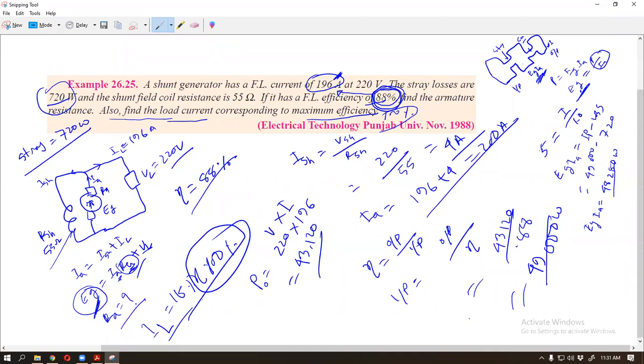Now Ea is equal to 48,280 divided by Ia, which is 200. So divide by 200.